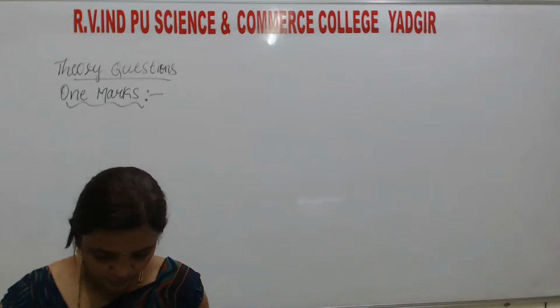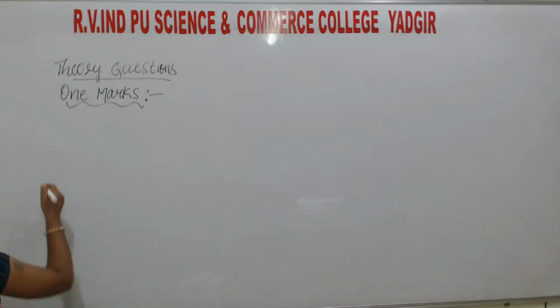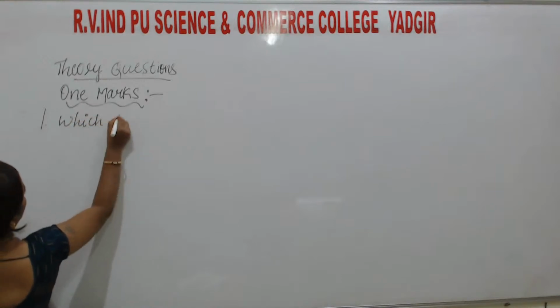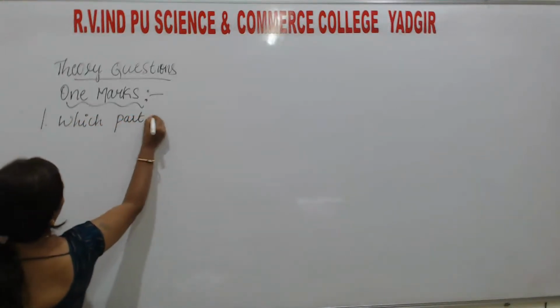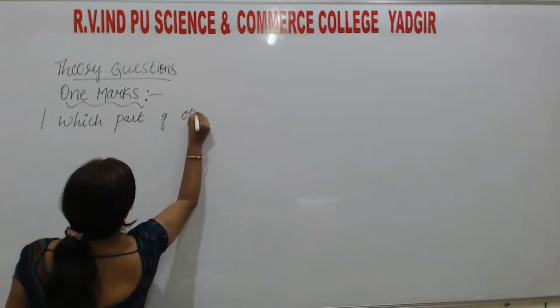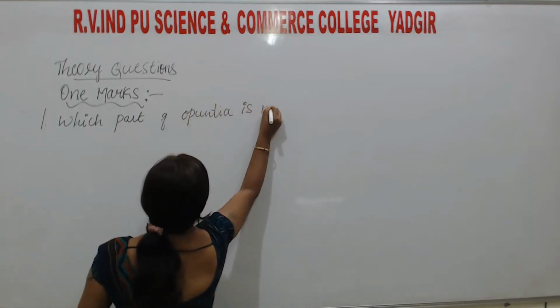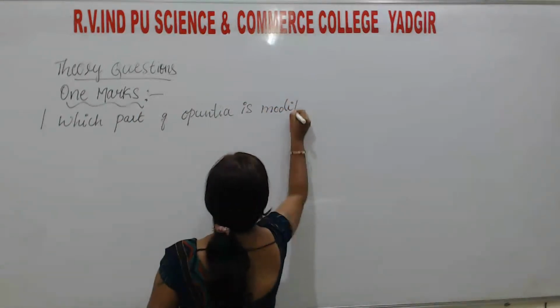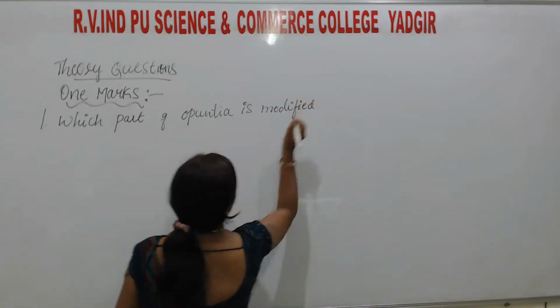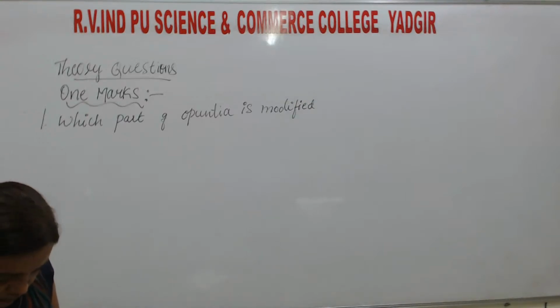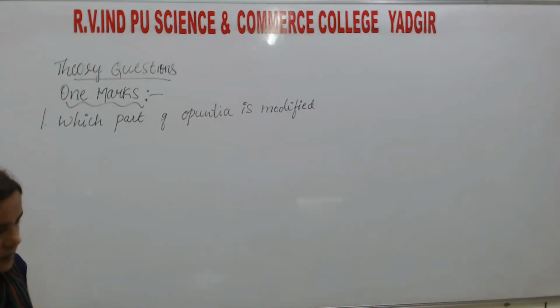Which part of Aphantasia is modified to form spines?